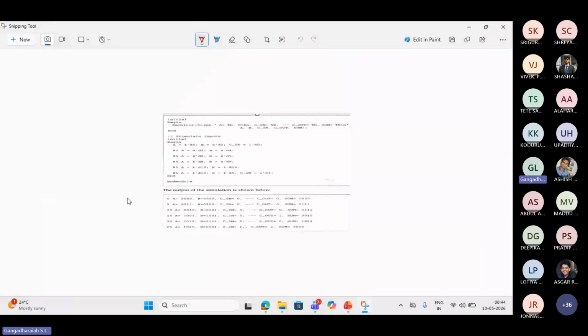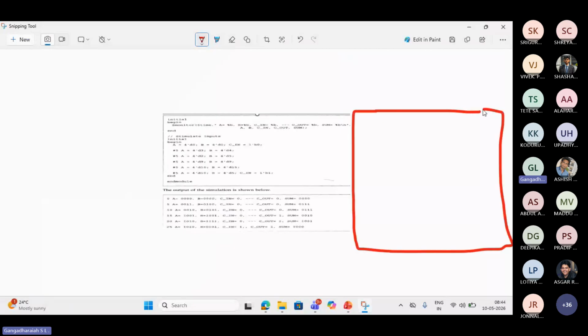Now let us assume this is my top level. Understand, this is my counter module. The counter has a clock pin.